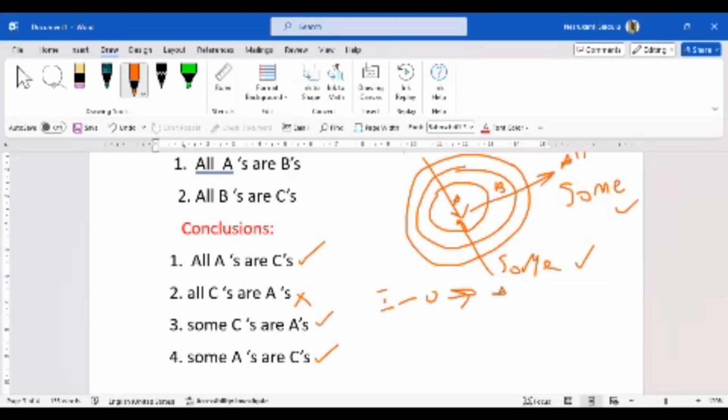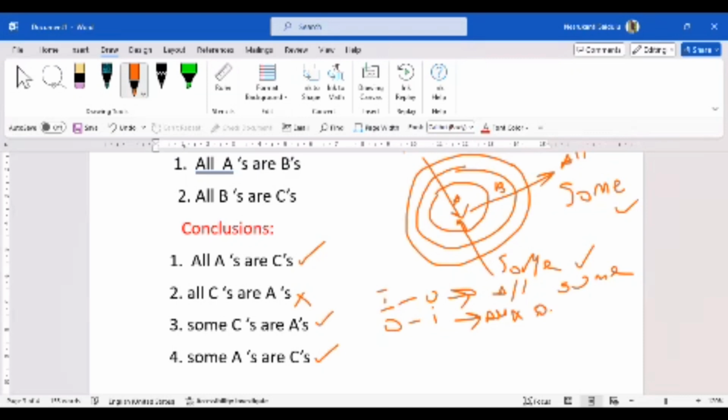All and some is true. When you go from the outer circle to the inner circle, all is always false, and some is always true.